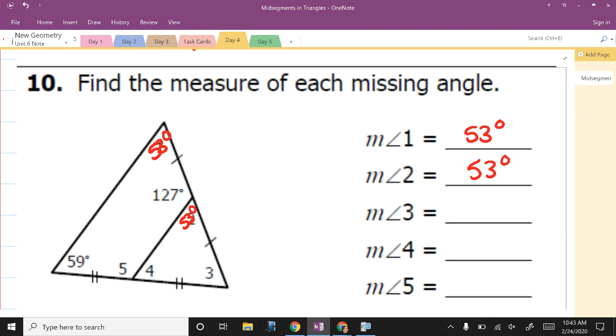Look at angle 5 and 59. They are a linear pair, consecutive interior, so they're supplementary. What's 59 and angle 4's relationship? Corresponding, so they're congruent. Angle 4 is also going to be 59 degrees.